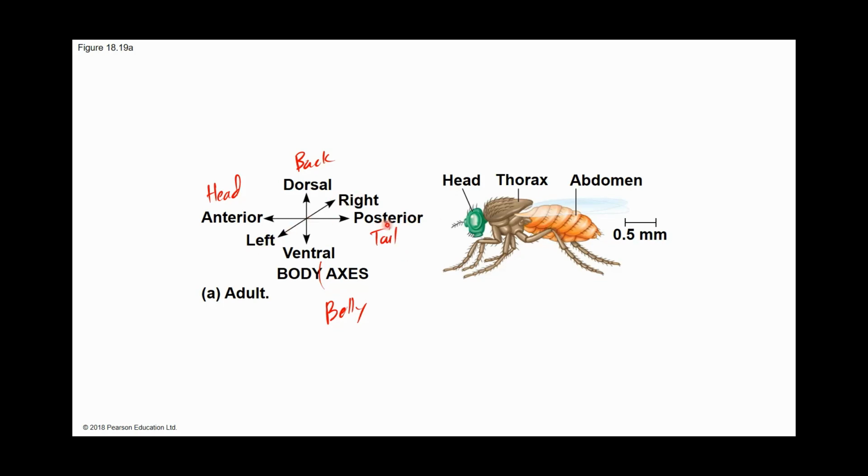And Drosophila are considered bilateral, symmetrical organisms. So bilateral means we have two sides, right and left, and these two sides are identical.